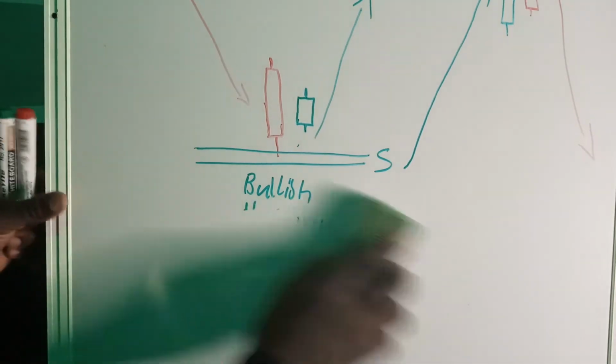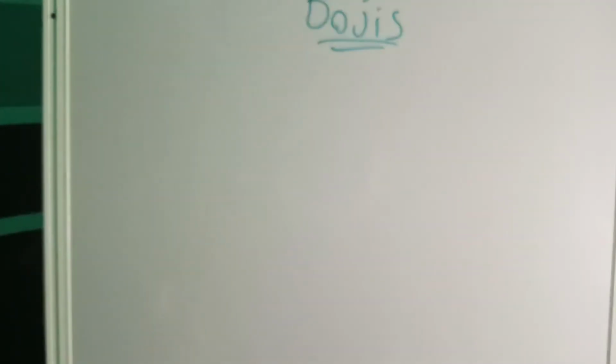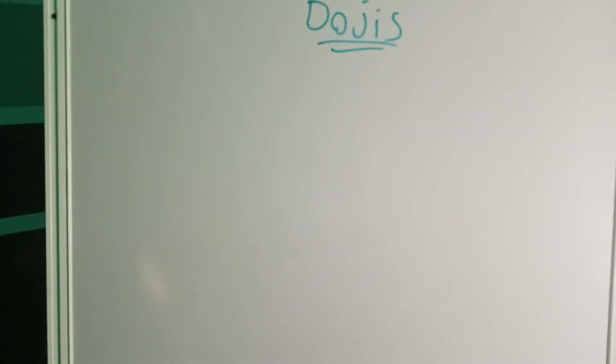The next candlestick we will be looking at is the doji candlestick. This is the spelling of doji. For dojis, we have 4 types of dojis.